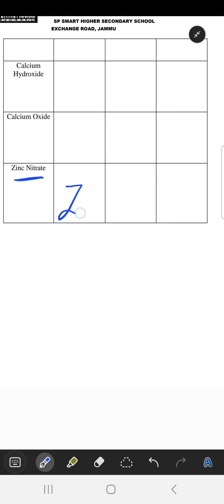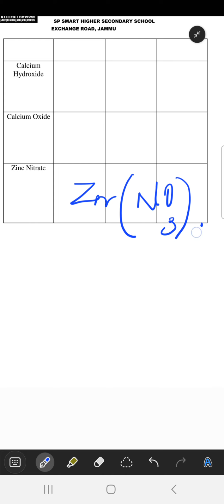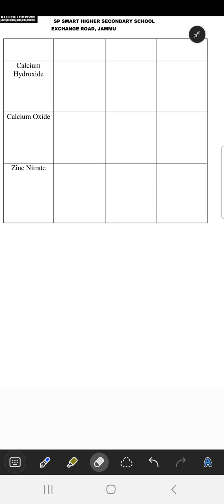For the zinc we have Zn2 positive, and for the nitrate we have NO3 negative. Combining these two, what we get is Zn(NO3)2, which is called zinc nitrate. So we have done the 20 compound formulas.